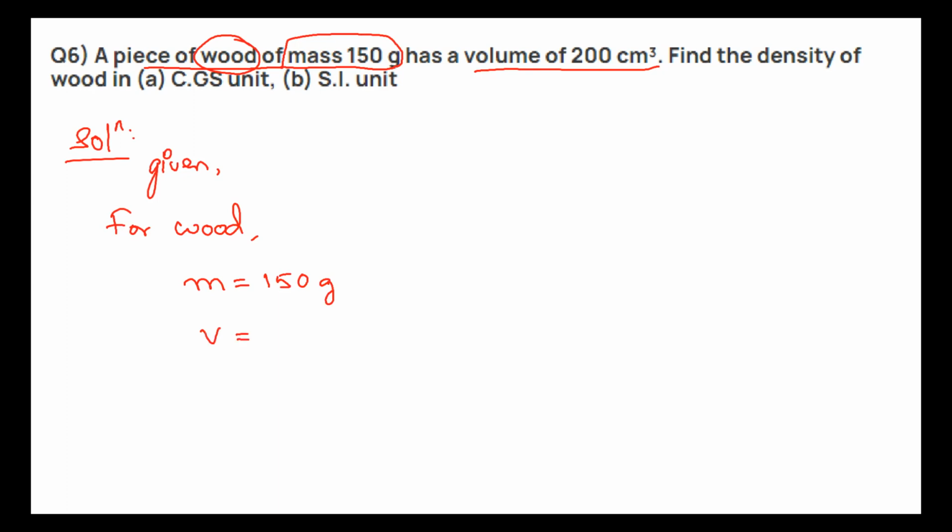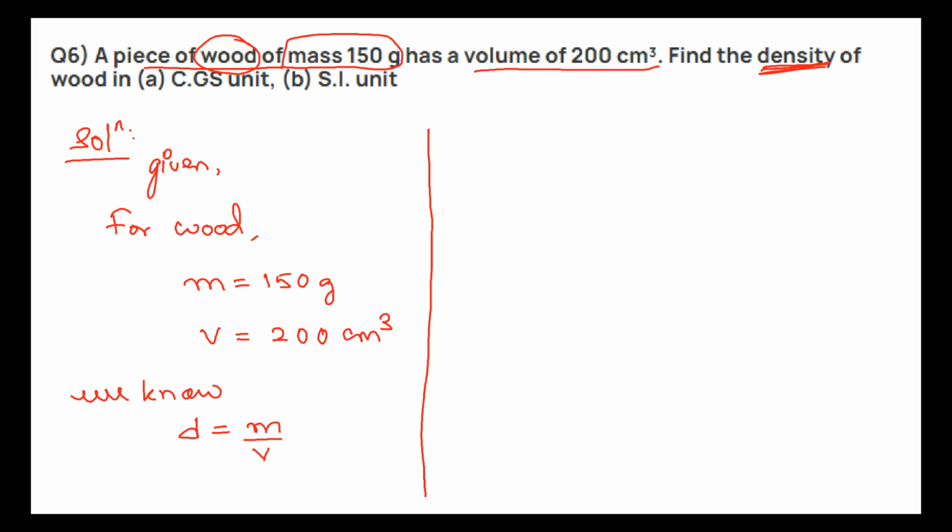Volume is how much? Centimeter cube. Find the density. What will they ask? They asked density, brother, just density. Therefore, again we know density is equal to mass by volume. So once we know this formula, just put the values.